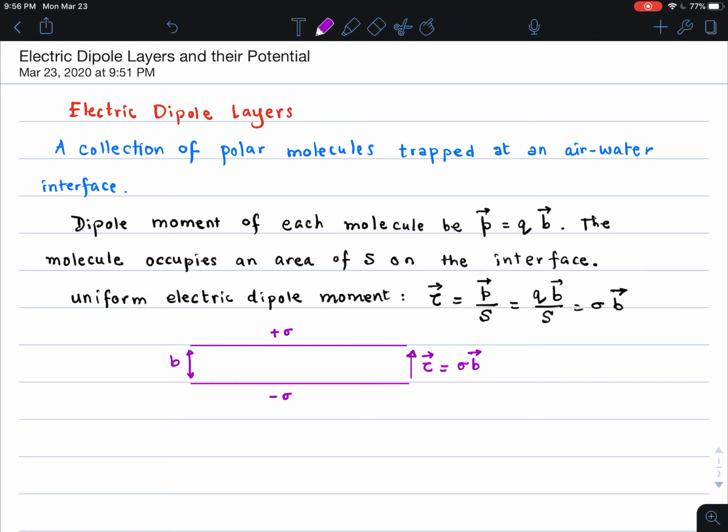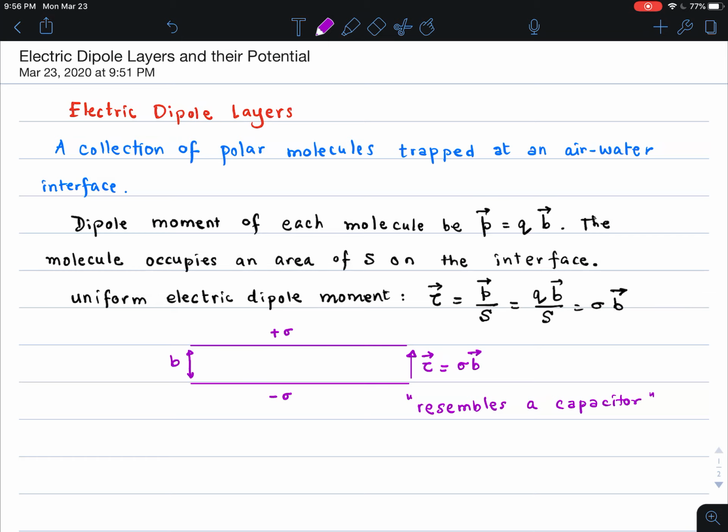So that's a model for these two oppositely charged surfaces. And you can start to see this resembles a capacitor.